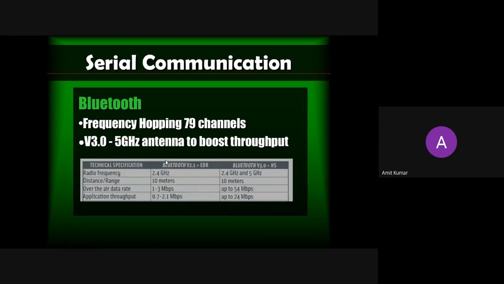Now we will see the development in Bluetooth. Bluetooth uses a spread spectrum technique for sending the data. We have already studied two types of spread spectrum: frequency hopping spread spectrum and direct sequence spread spectrum.